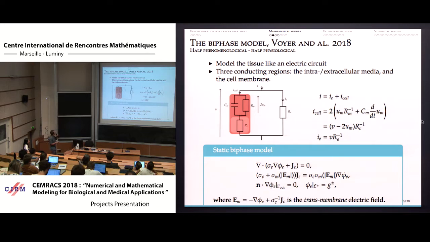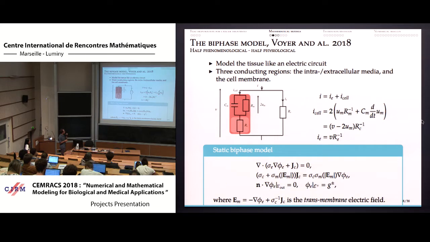Here phi_E is the electric potential outside of the cell, phi_C is the potential inside of the cell, and E_M is basically the difference of the two, the transmembrane electric field. All the sigmas in this talk are conductivities.